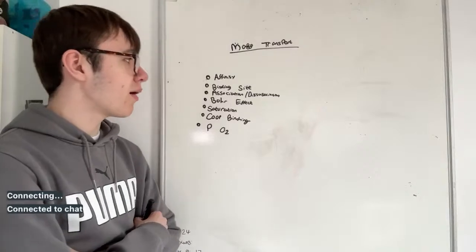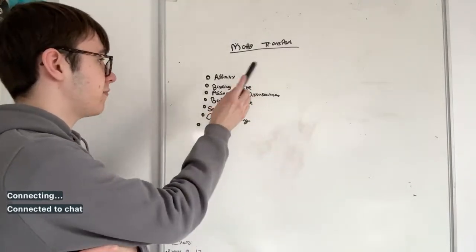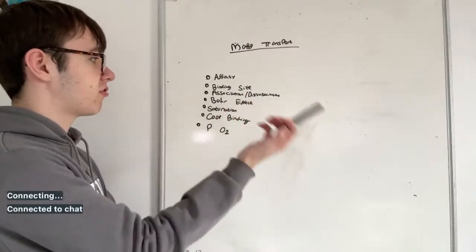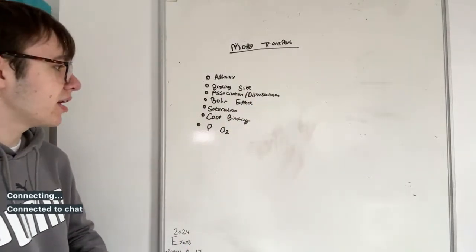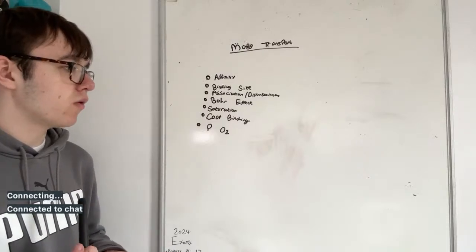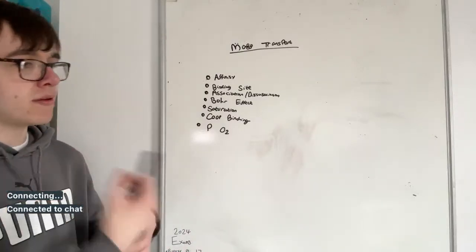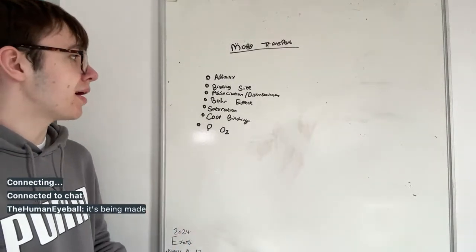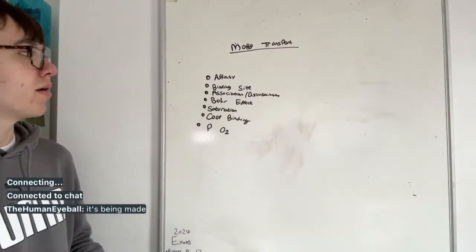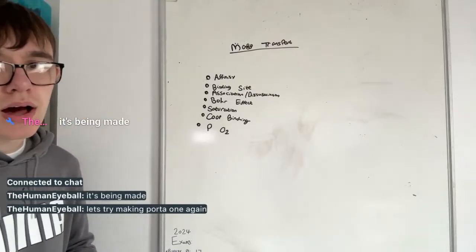You can then talk about how oxygen will bind to the binding site because it has an affinity for it. It will associate. You could talk about how it's cooperative binding. You could talk about how if partial oxygen pressure was increased, there are more oxygen molecules and thus a higher chance of association or something like that.